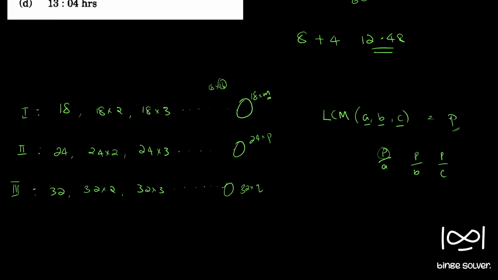Since P divides with 18, 24, and 32, we are not worried about the individual multipliers. We just want our P to divide with 18, 24, and 32. If all that is satisfied, then P is the number we are looking for.